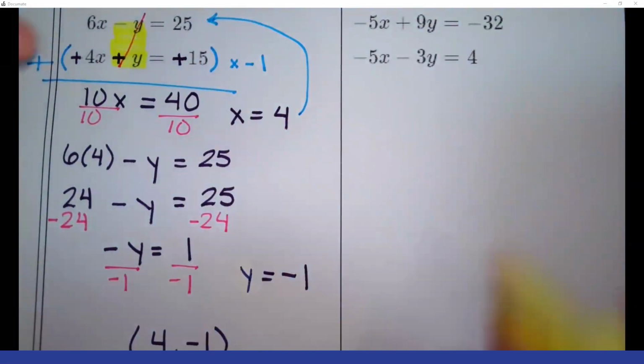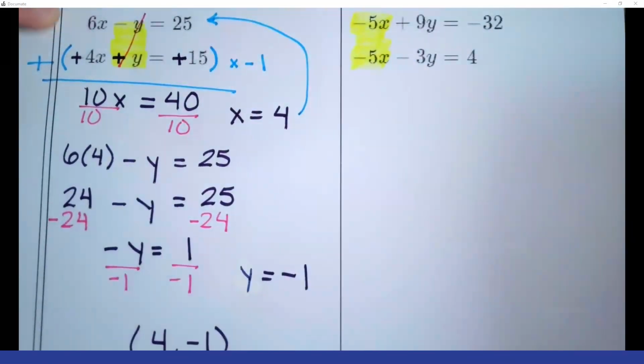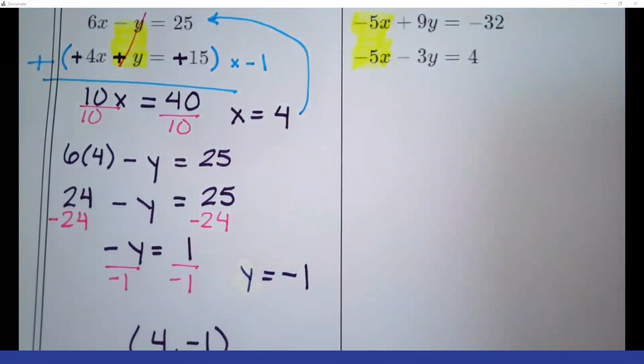So we're going to be eliminating the x. But before we can eliminate, we have to multiply one equation by -1. I noticed that both of them have the same amount of negative signs in both equations. So I'm going to leave it up to you guys. Do you guys want me to multiply the top or the bottom by -1?